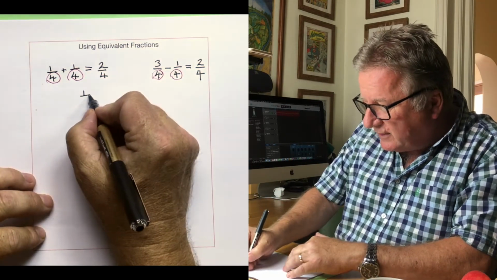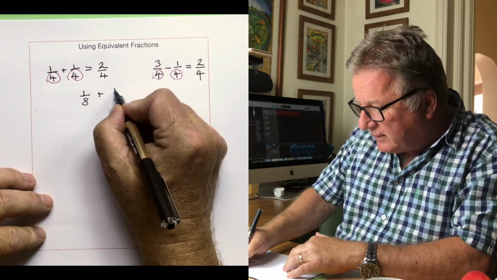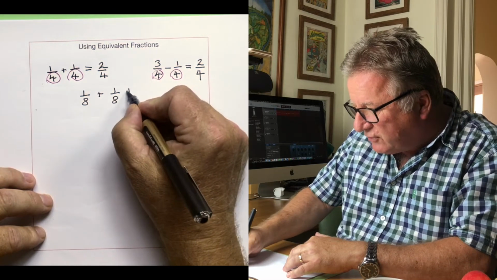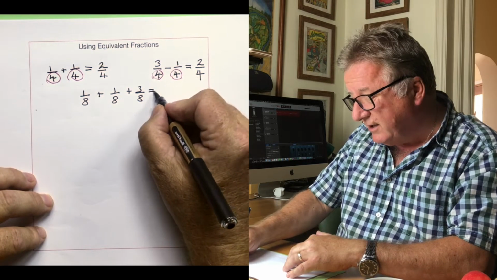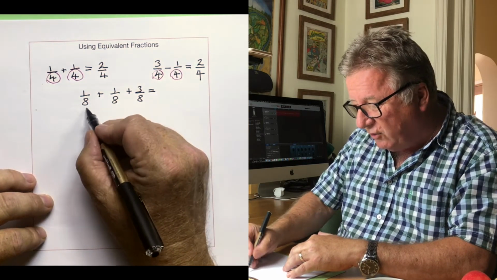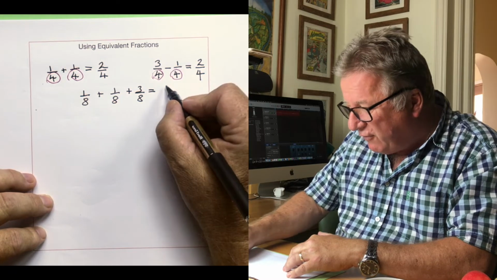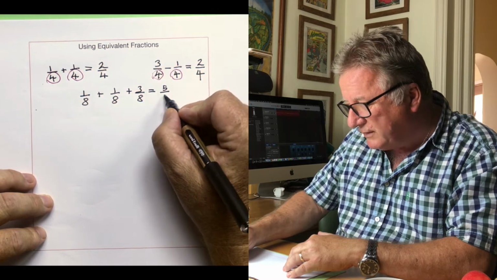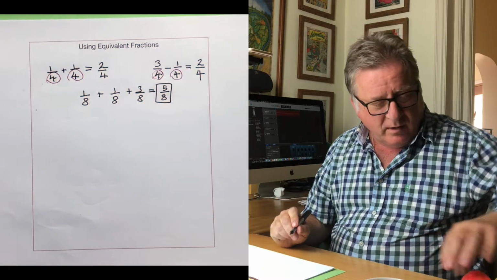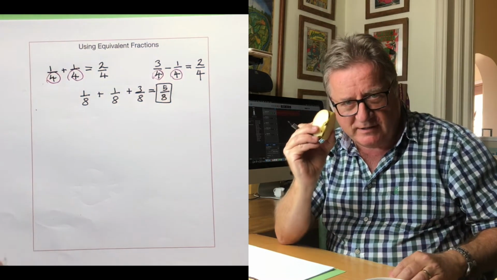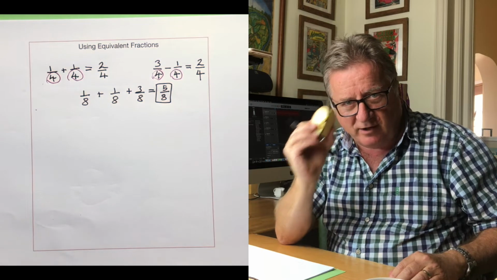If I said 1/8 plus 1/8 plus 3/8. How many eighths is that? Let's have a think. The pieces, can you see, are all the same size, and there are 5 of them. 1 plus 1 plus 3 is 5/8. Right. Same size pieces. That's going to be our key.